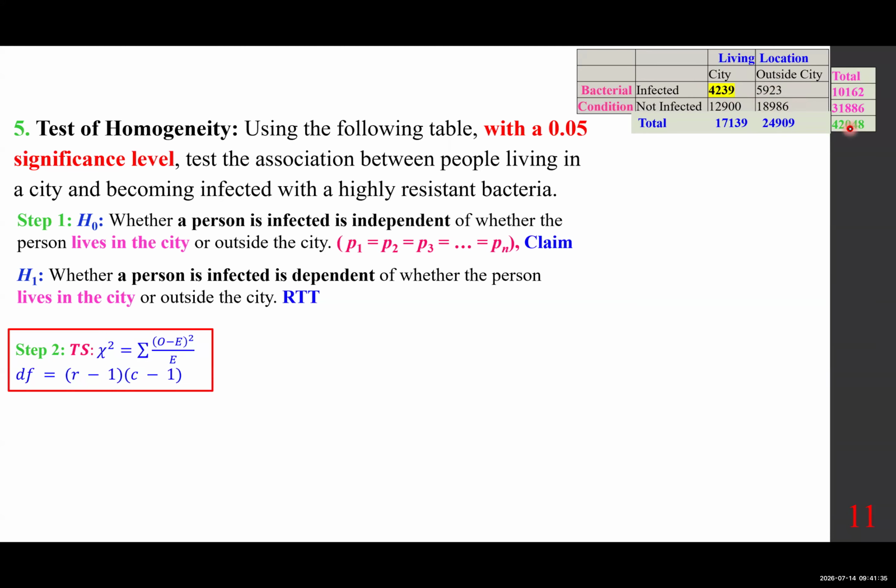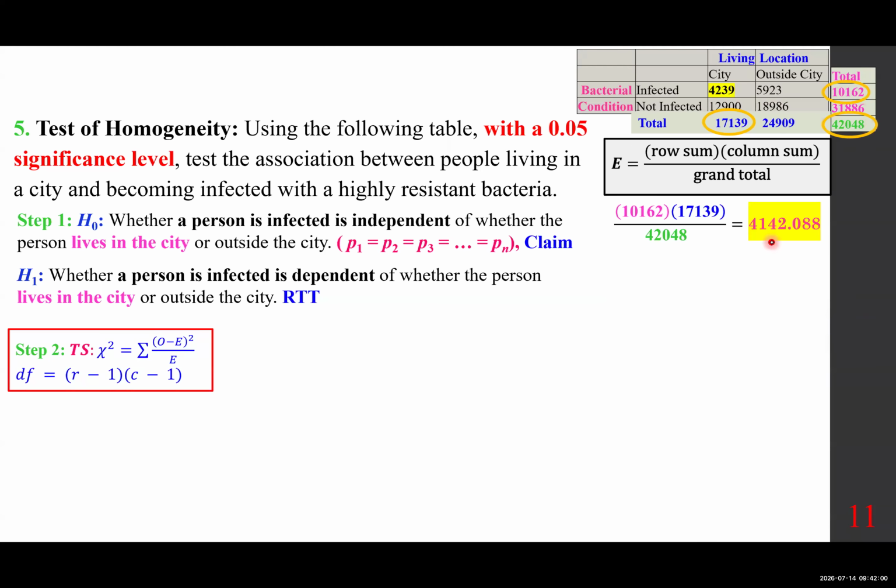Okay. So, for example, for this one, again, just to remind you, the calculation would be the product of these two. Here's the row sum, here's the column sum. 10,162 times 70,139 divided by the grand sum of 42,048.